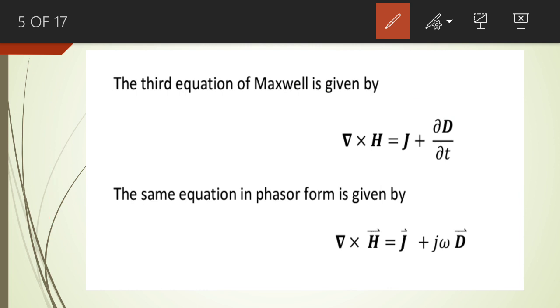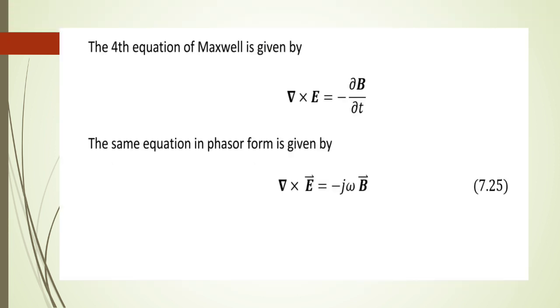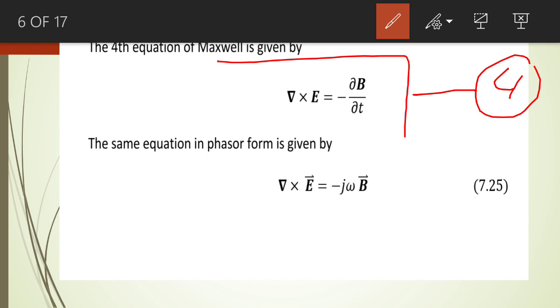Now we are going to consider the last equation of Maxwell in instantaneous as well as phasor form of representation. So this is the fourth equation of Maxwell in instantaneous form. And in this equation, the curl of the electric field intensity is equal to minus ∂B/∂t.